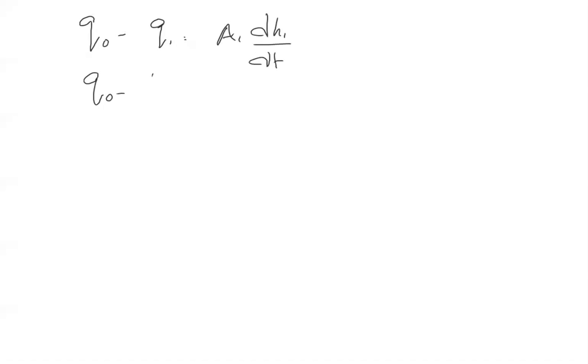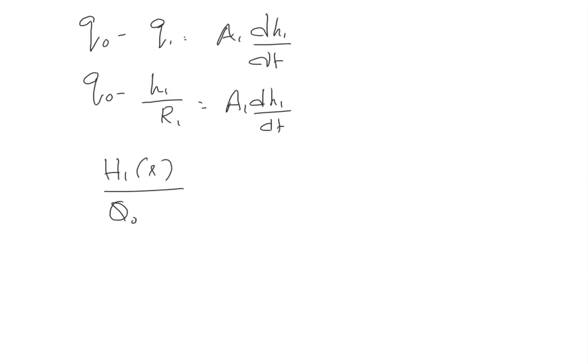Q naught minus H1 by R1 equals A1 into dH1 by dt. Clear? So from this, the transfer function H1 of S by Q naught of S equals R1 by A1 R1 S plus 1.